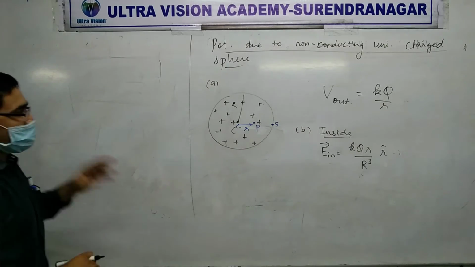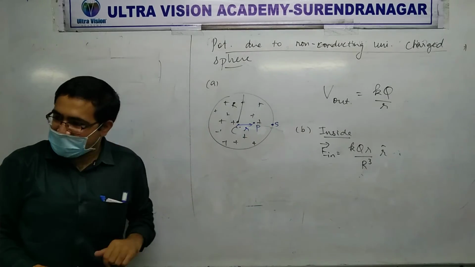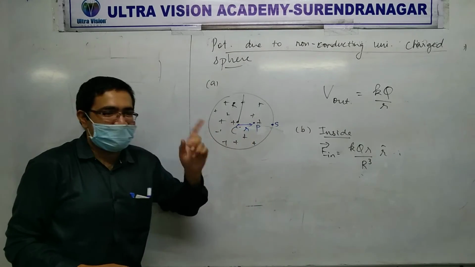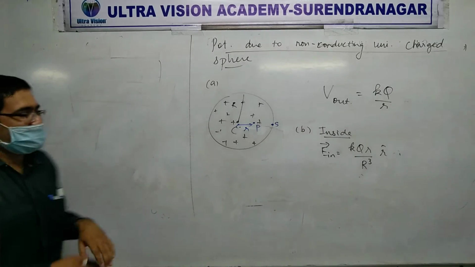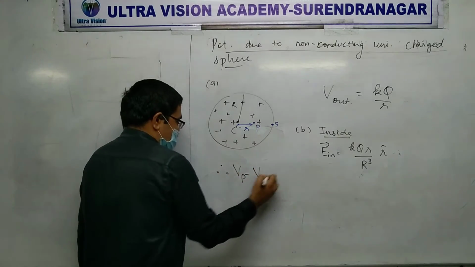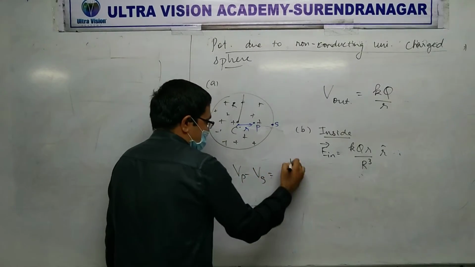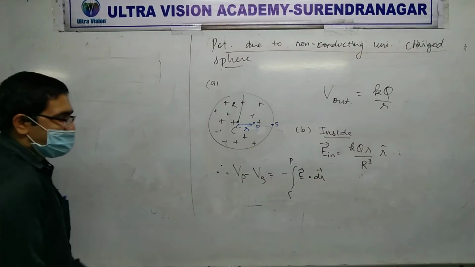Now it is time to find the potential difference between P and S. Here the electric field is not zero. So Vp minus Vs is equal to negative integration from S to P of E vector dot dr vector. Clear or not?